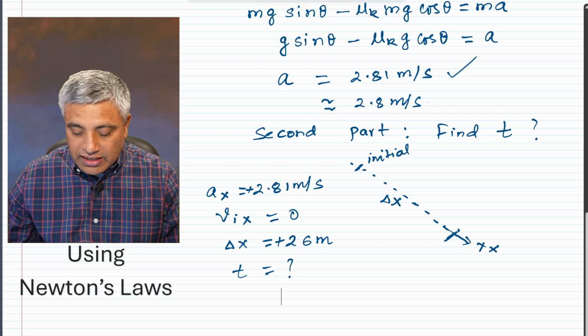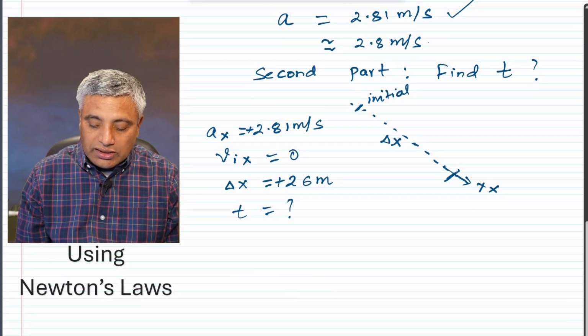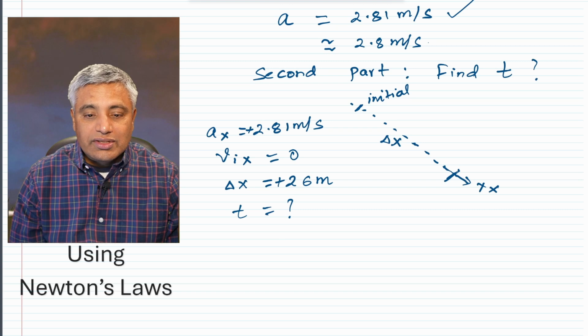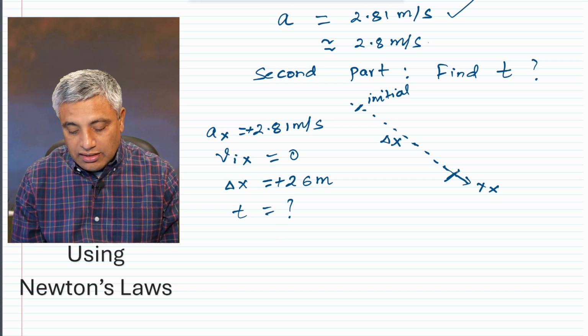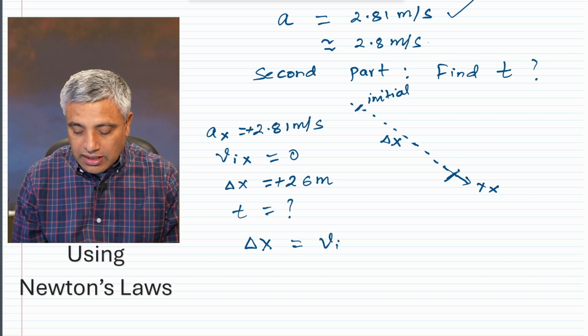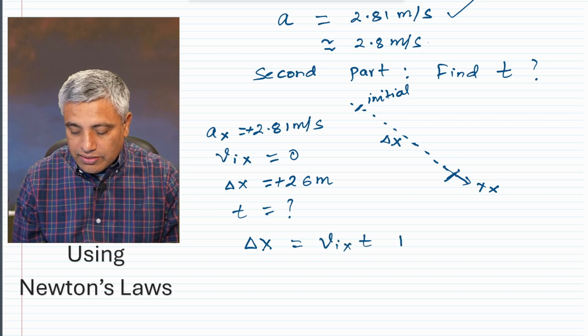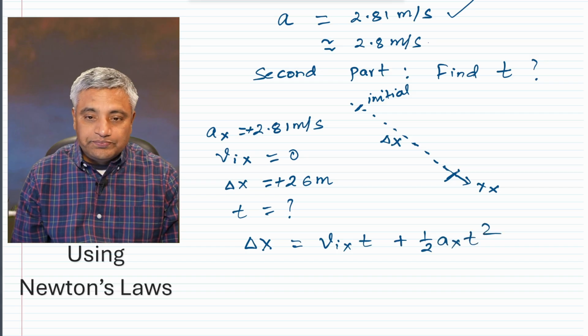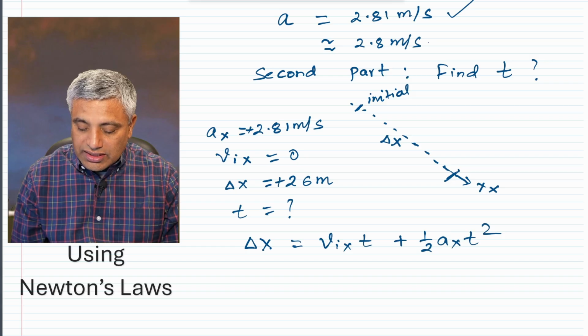Let's see if we can find an equation that relates all these four things, so that we can just use that equation. And it turns out there is such an equation. Displacement is Vix times time interval plus half acceleration in that direction times time interval squared. Initial velocity is 0, so this term is going to be 0.